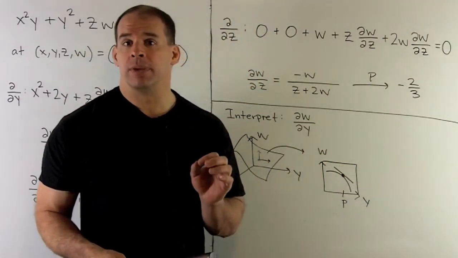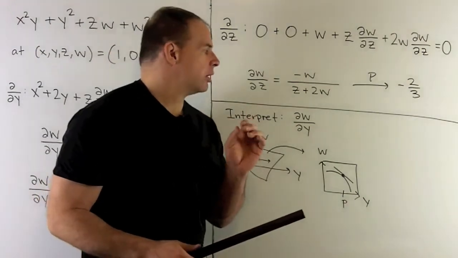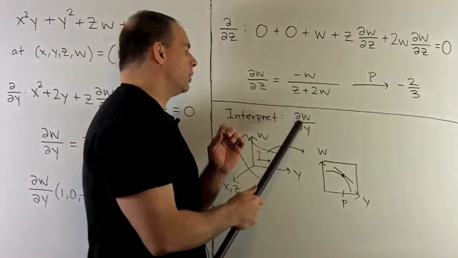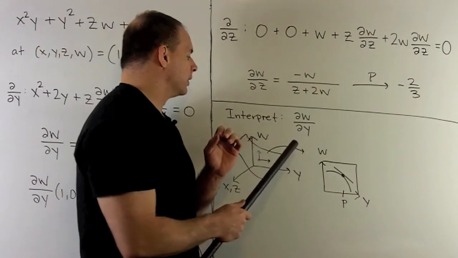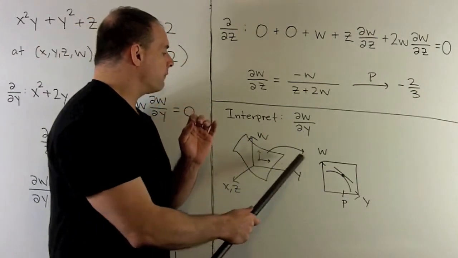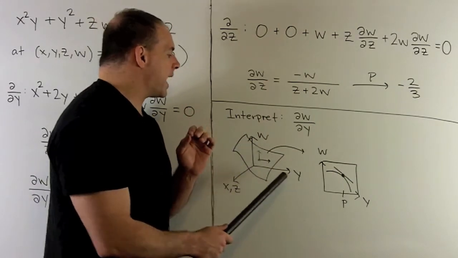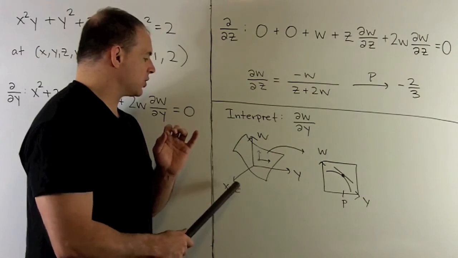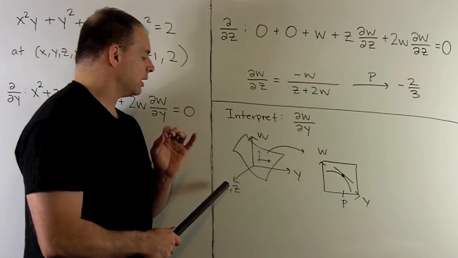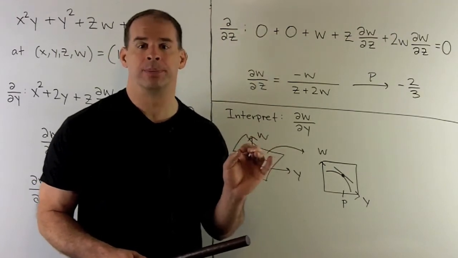As a final note, let's remind ourselves of what these partial derivatives mean. Suppose we consider the partial of w with respect to y. Then what are we doing? Well, we have our subset of R4. Here I'm going to focus on the w and y axes, and then we'll just push the other axes onto this last axis. So x and z are being treated as constants, so we're not worried about changes in them.